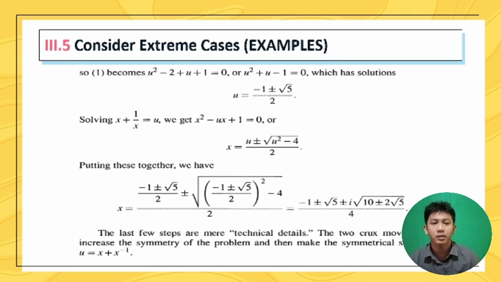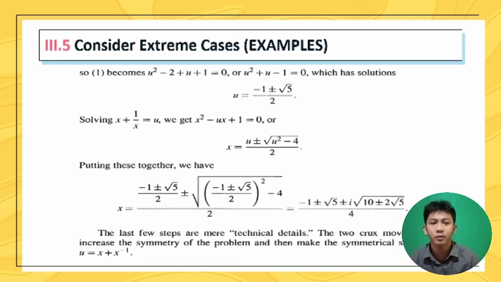Then the result is equal to negative 1 plus or minus square root of 5 plus or minus i square root of 10 plus or minus 2 square root of 5, over 4.